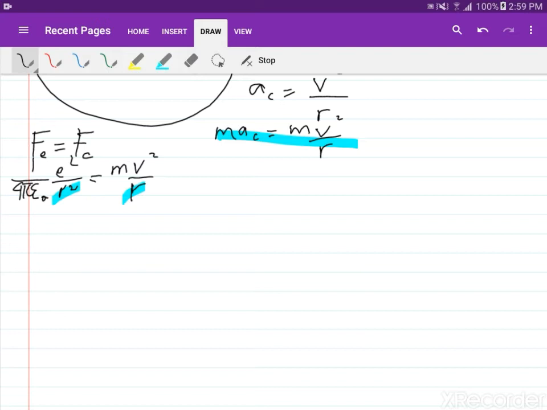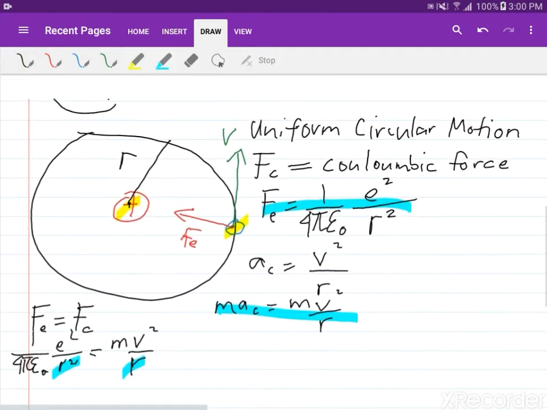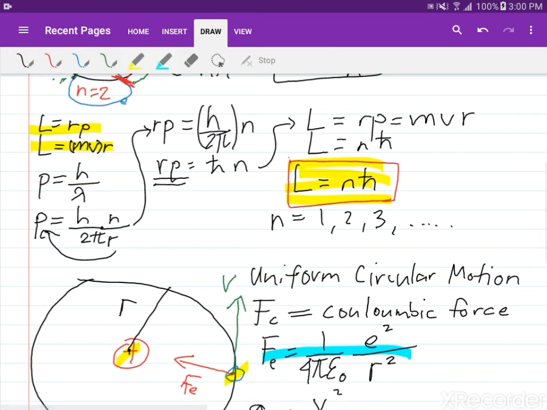We will do so by utilizing our previous result, L equals n h bar, or L equals mvr. We will find a term involving mass times velocity times r so that we can put in this result of L equals n h bar.